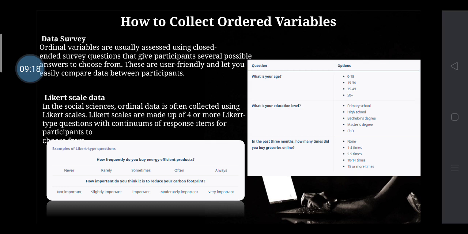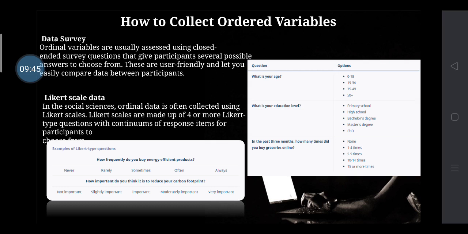Next are the steps for how to collect ordinal variables. The first is a data survey. Ordinal variables are usually assessed using closed-ended survey questions that give participants several possible answers to choose from. They are user-friendly and let you easily compare data between participants.